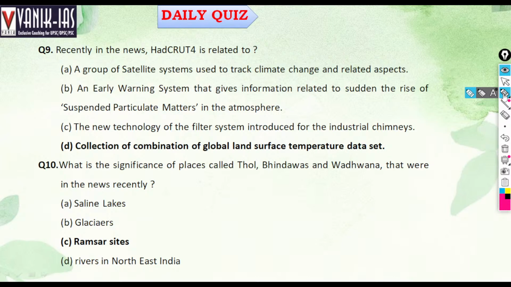A collection and combination of global land and sea surface temperature data sets. This is the answer: a combination of global land surface temperature data sets. That is HadCRUT4.